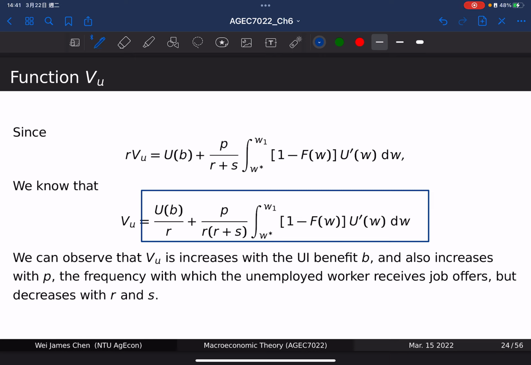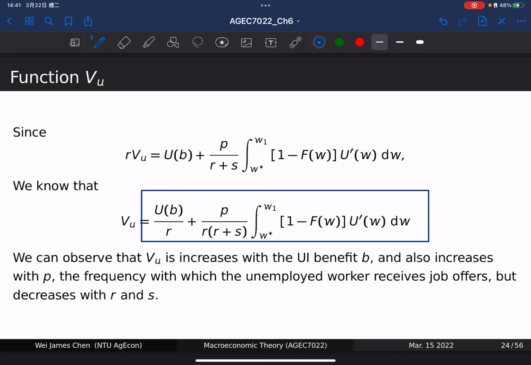Okay, graphically, what it shows is like this, and I did talk about this last time. So if the b increases, what happens in this case? Because the VE of W doesn't really have B in it, right?